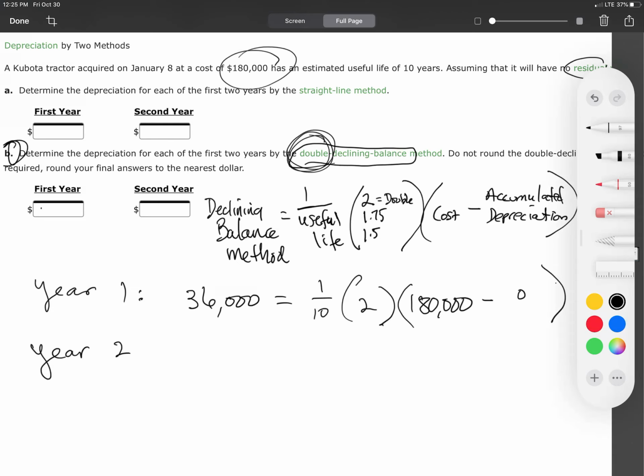Now let's do year 2. So year 1 goes here. It's still going to be 1 divided by 10 times 2 times 180. Now this is where it changes. How much depreciation have we recognized in all the previous years?